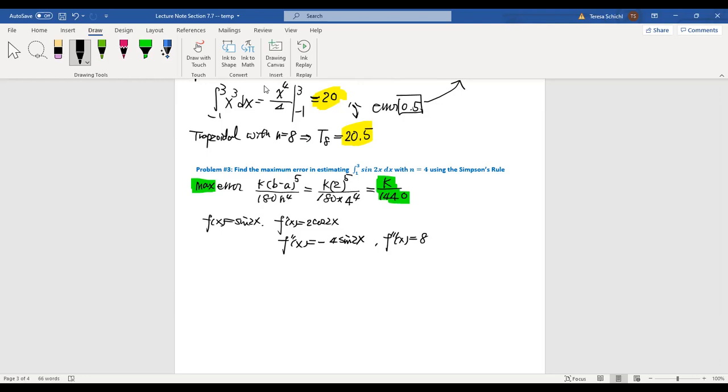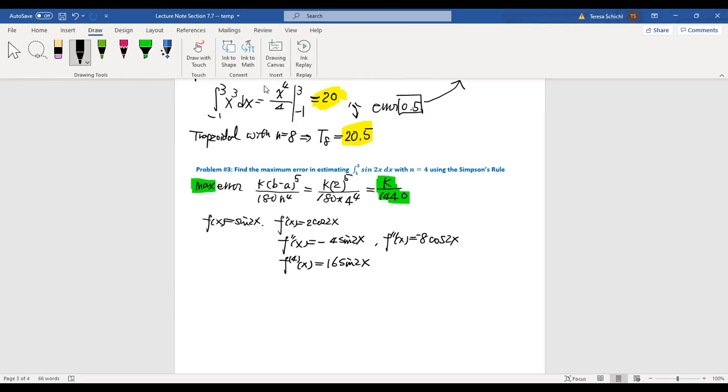The triple prime is negative 8 cosine 2x, since the derivative of sine is cosine. Then the fourth derivative is 16 sine 2x.